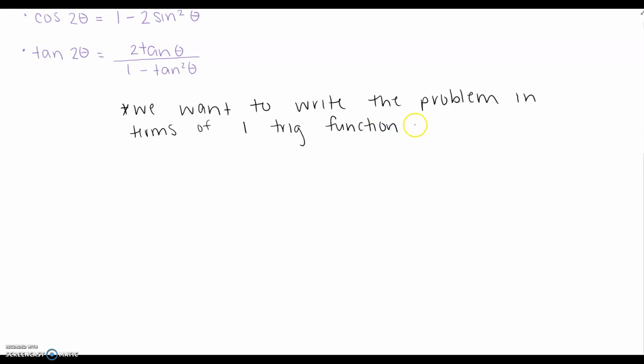So that's what we were doing in the past, especially in 5a. You want to end up setting it equal to 0 and then solve. So we're going to do one example and then a you try.